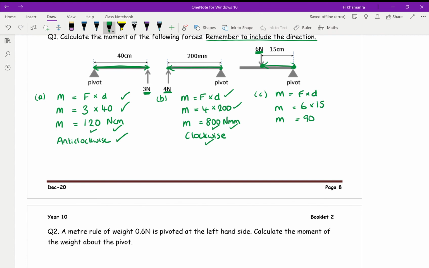Okay, and my unit, force is in newtons, distance is in centimetres, so my unit is newton centimetres. And then I do my little trick where I hold my pen, and this time I push the rod down, and that is going to go in an anti-clockwise direction. So again, there's 5 marks for me: 1, 2, 3, 4, 5.